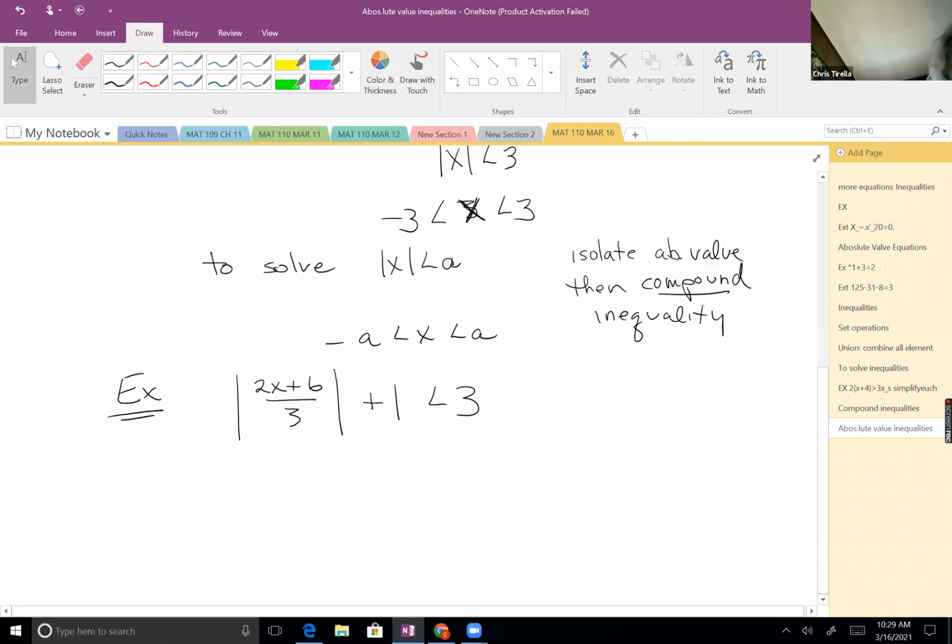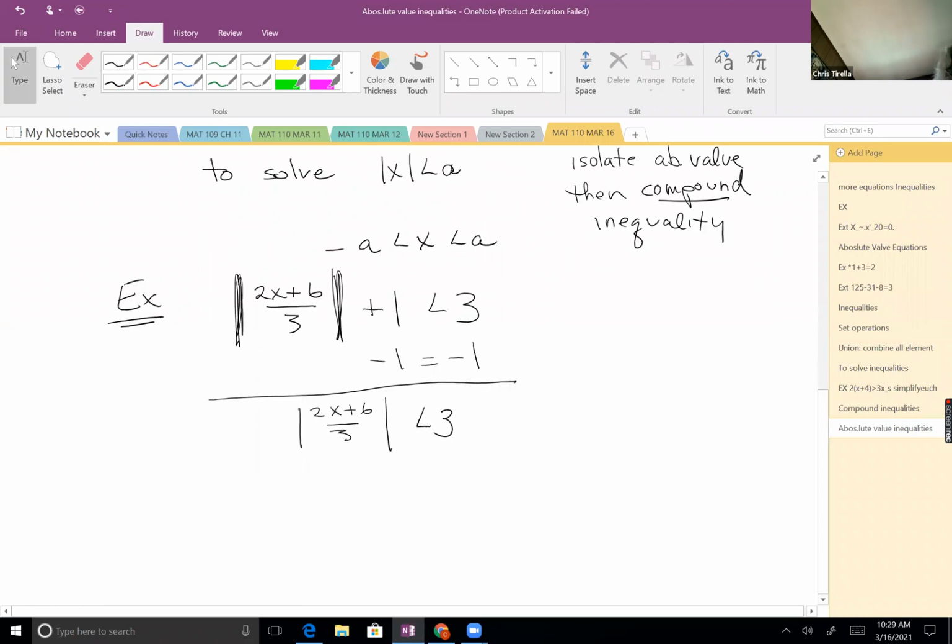the first thing that I want to do is get the expression in the absolute value bars alone on one side of the inequality. In order to do that, I'd want to subtract 1 from both sides. And that leaves me with the absolute value of that fraction is less than 3.